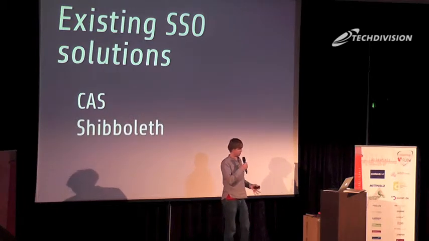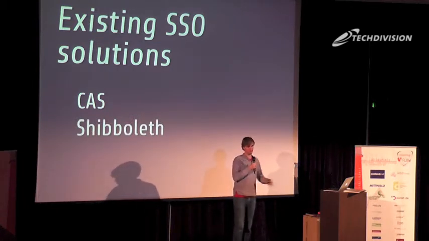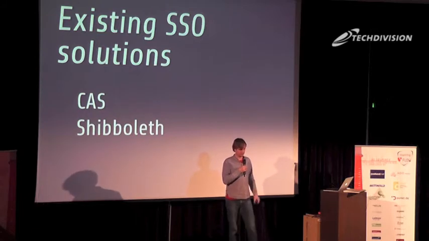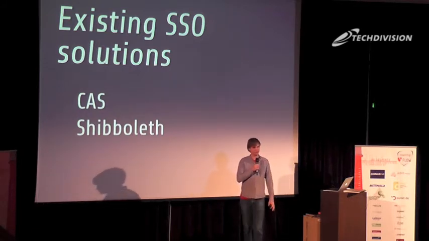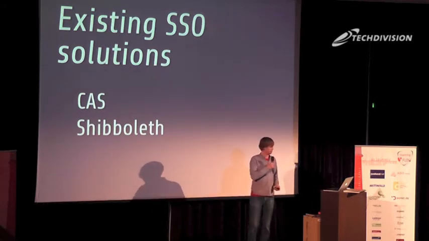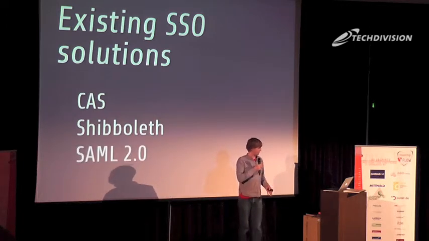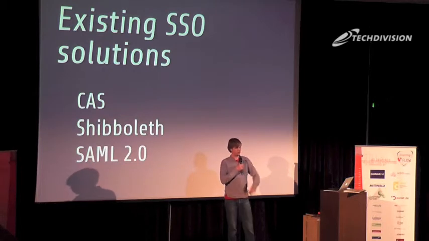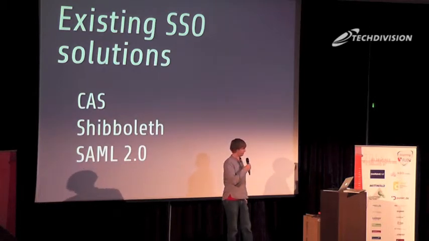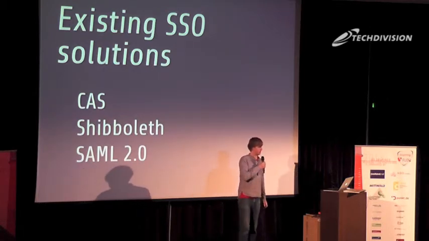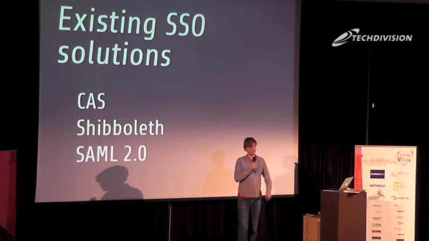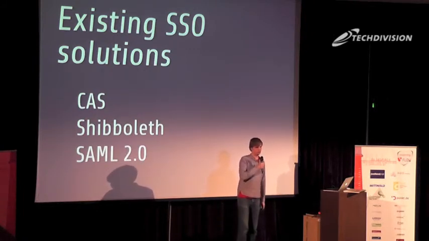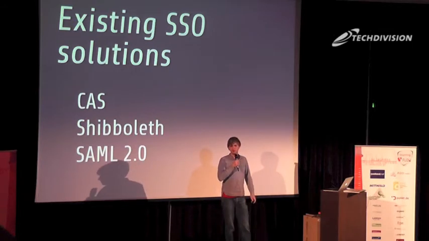Then there's Shibboleth, which comes from an academic background, which most single sign-on implementations come from, and you see that from the techniques they use. Then there's SAML, and in SAML 2.0, I think Shibboleth got merged into SAML, and SAML is really a lot of XML and very standardized OASIS stuff, so it's pretty cool, but a lot of paperwork.